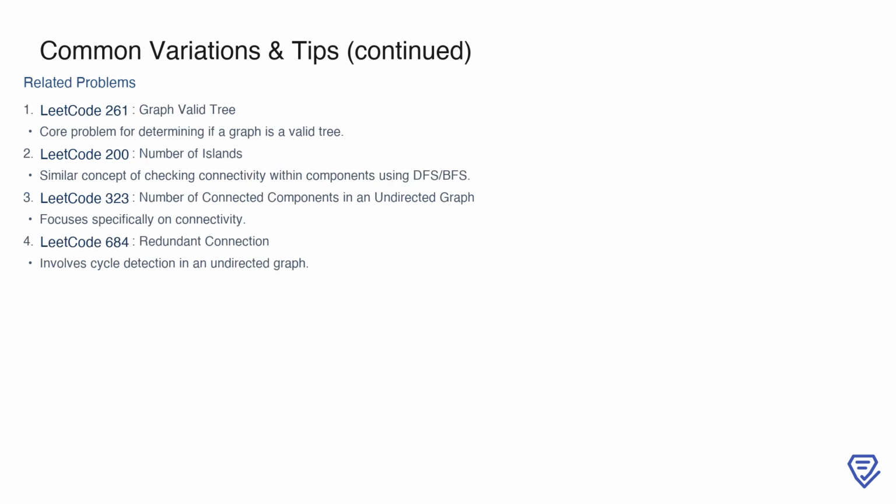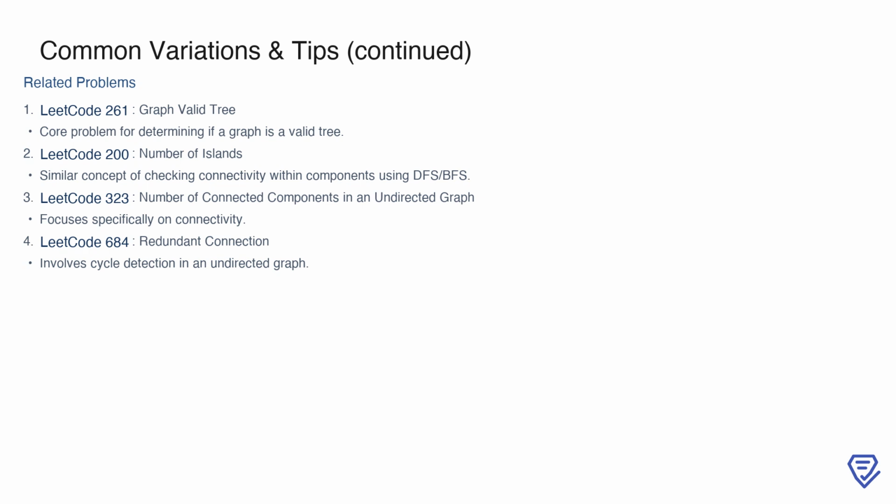Exploring related problems can deepen your understanding and help you apply similar concepts across different scenarios. LeetCode 261, the core problem for determining if a graph is a valid tree, builds the foundation. LeetCode 200, the number of islands, involves checking connectivity within components using DFS or BFS, which is conceptually similar.